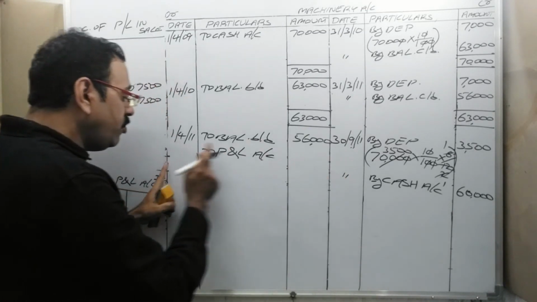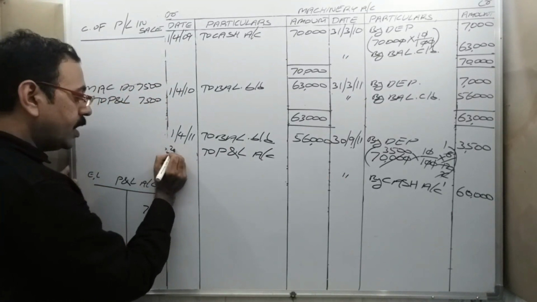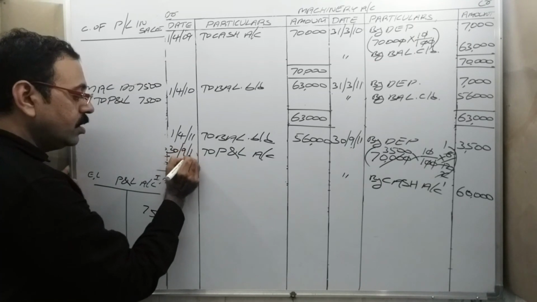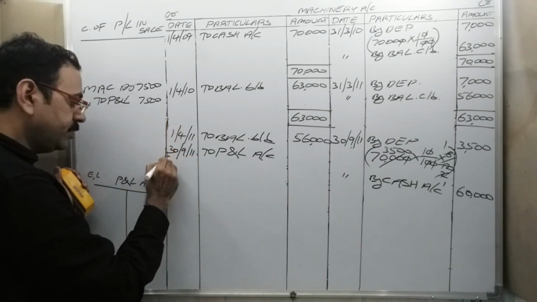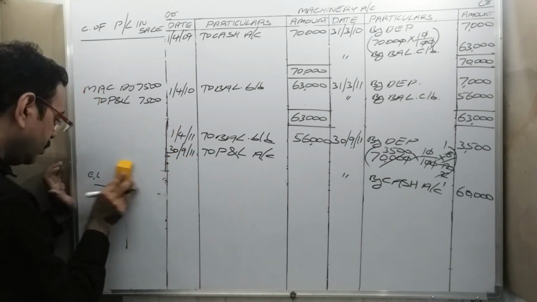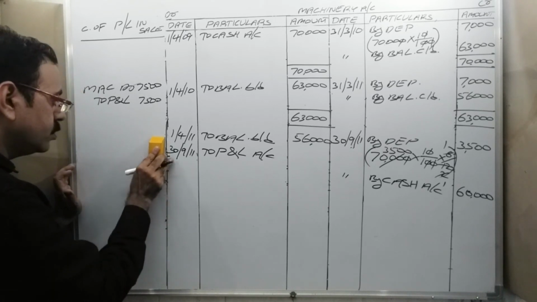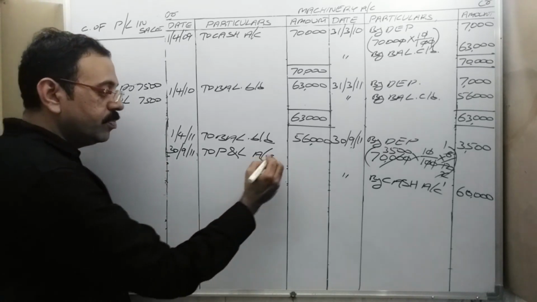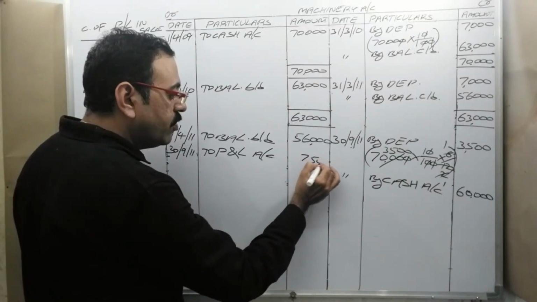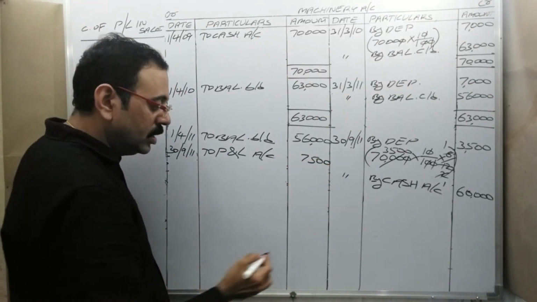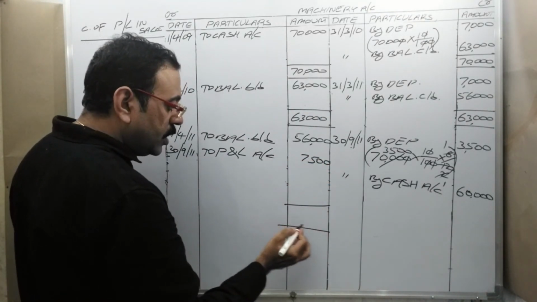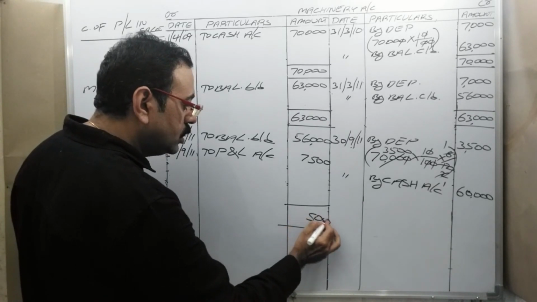So, sale date only we should write here. 30/9/11. Okay? Now, profit amount is 7,500 rupees.